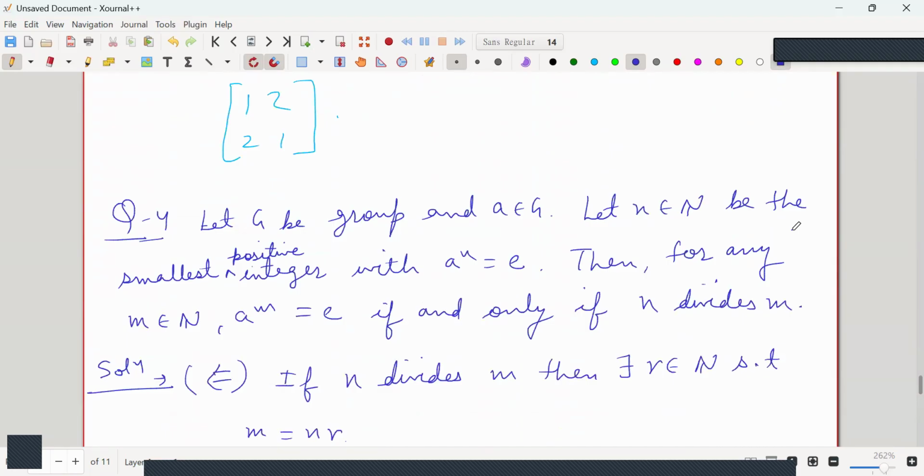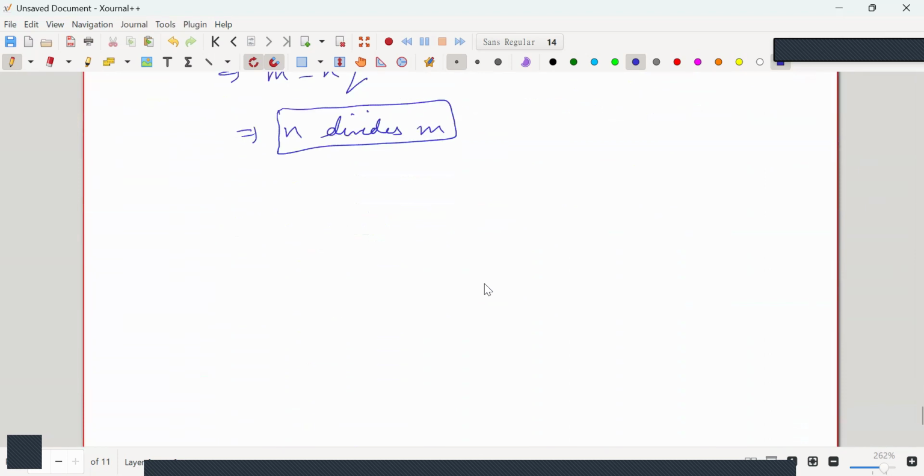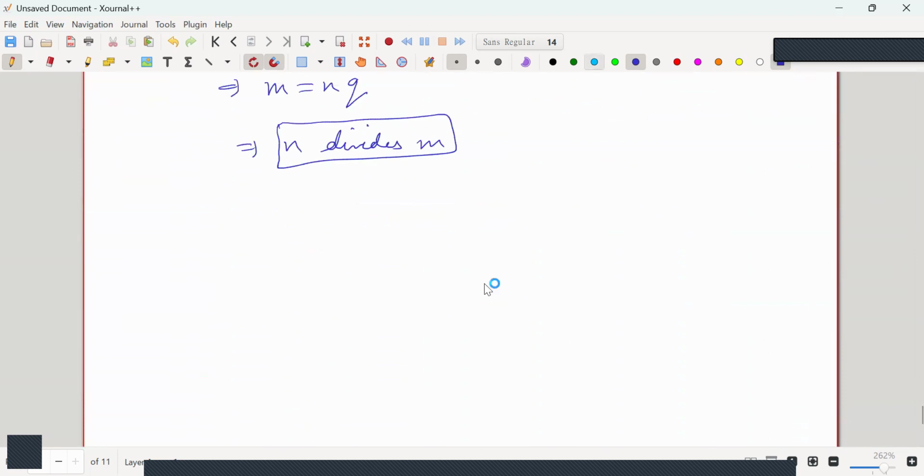Now just to give some motivation. This smallest positive integer for which a^n is equal to identity is known as the order of an element. So I can just write it in star.